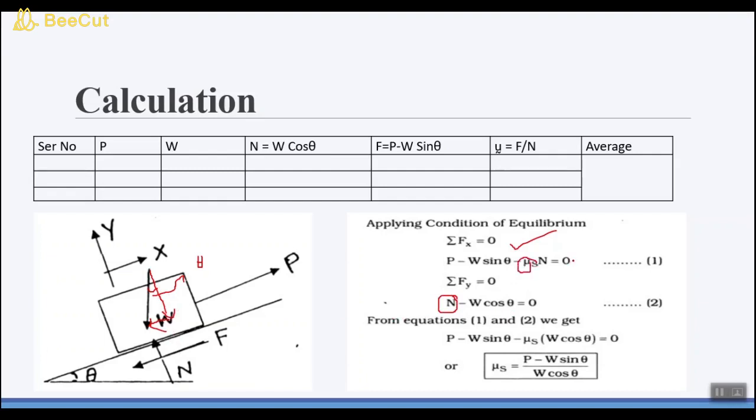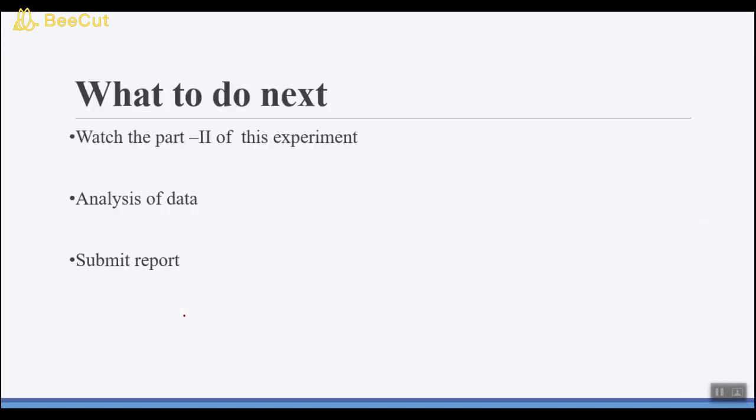So by solving these two equations simultaneously, you can easily find the normal force and the coefficient of friction if you know the value of P, which is the weight of the hanger, and W, which is the weight of this box. So this is how you will calculate the coefficient of friction from experimental data.